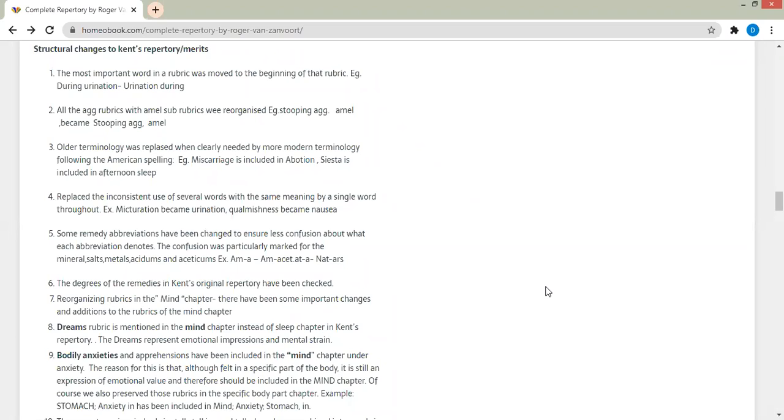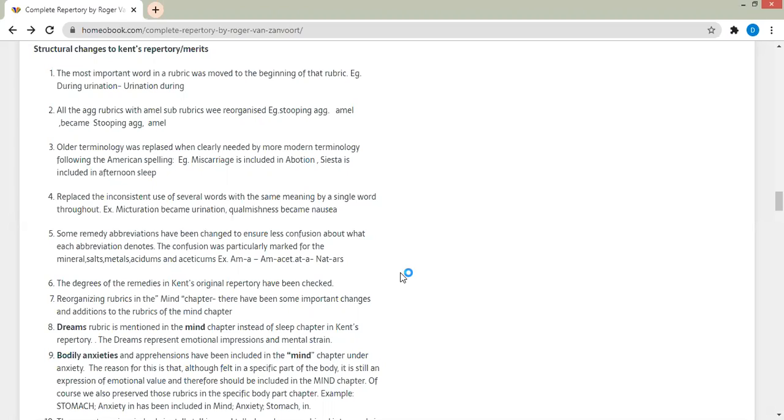For example, micturition became urination, qualmichkeit became nausea. So some words are also replaced by similar meaning words so that we can easily find the rubric and easily understand its meaning.